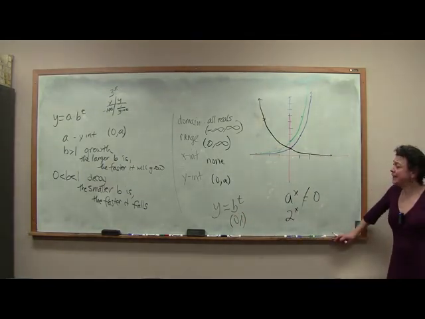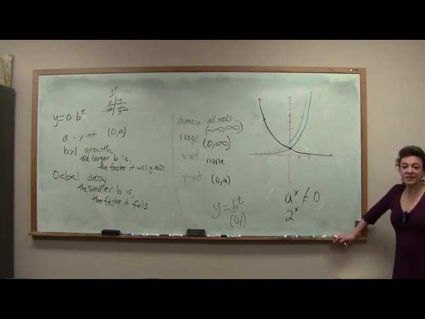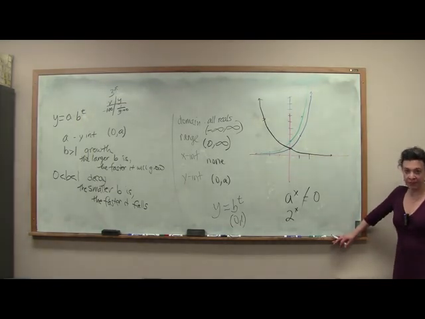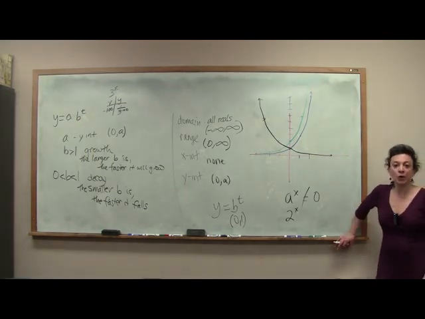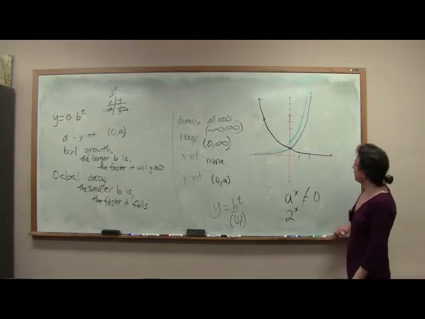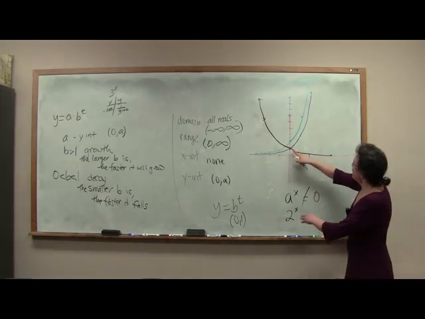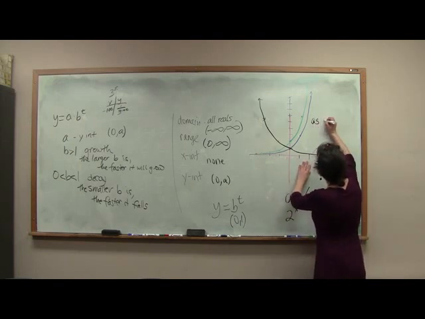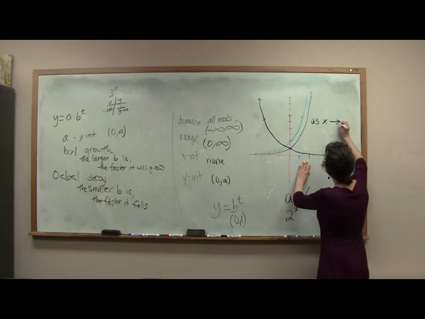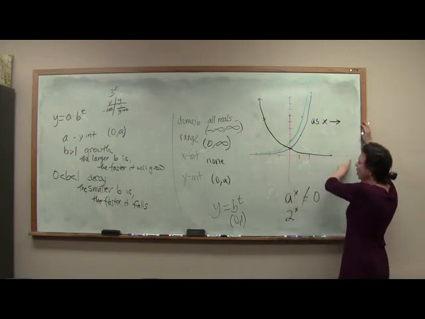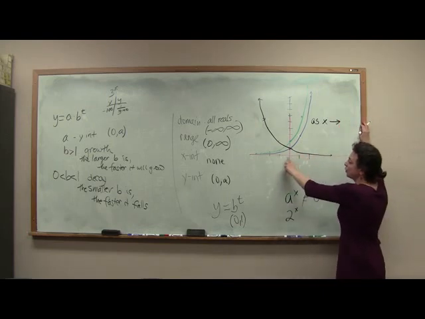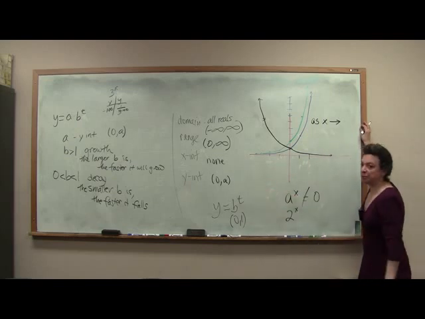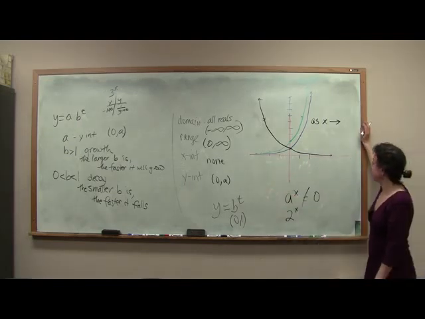Okay? Now, the one other concept that I want to bring up to you, because it's something that's important to think about as you move on, especially if you're heading over into calculus or any trigonometry. Notice with my exponential functions, as x gets really large or really small, depending upon the direction we're going.